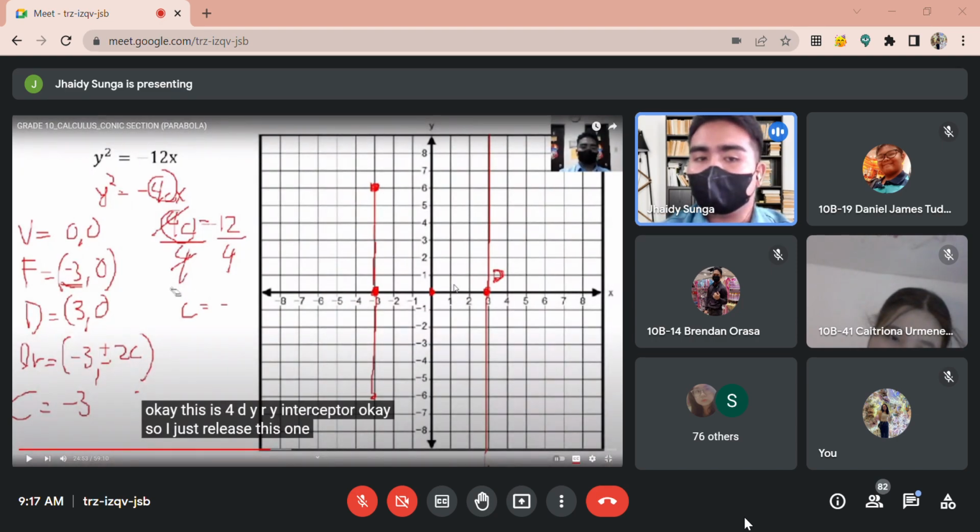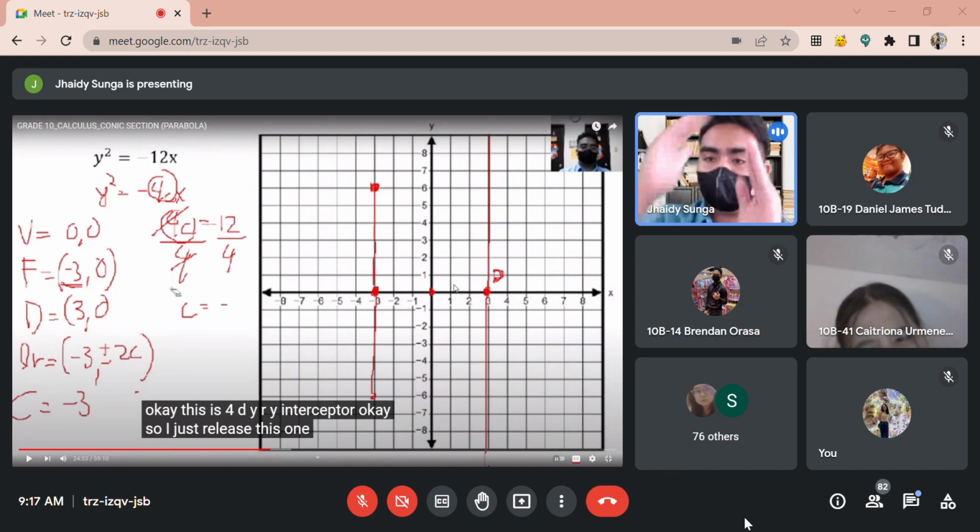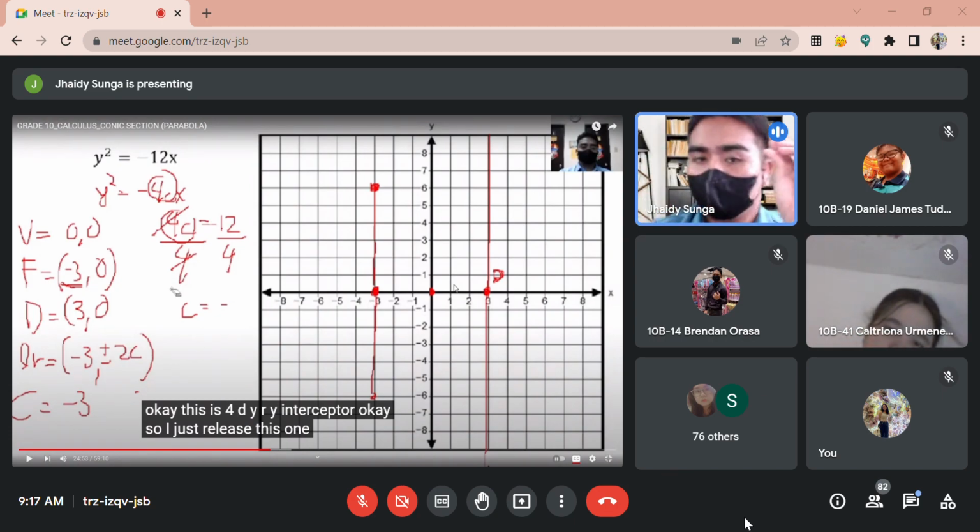And what we get is that from the focus up until the endpoint that we have in the graph, no, the intersection between the axis of the latus rectum and the graph itself, the intersection point of that one is going to be at the distance from the focus up until that endpoint.